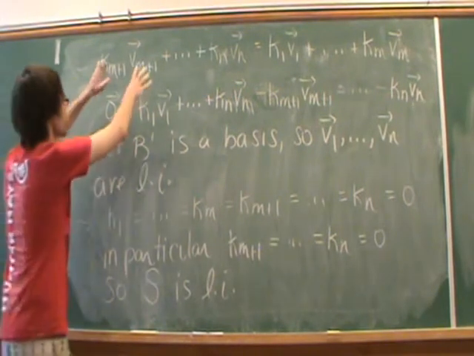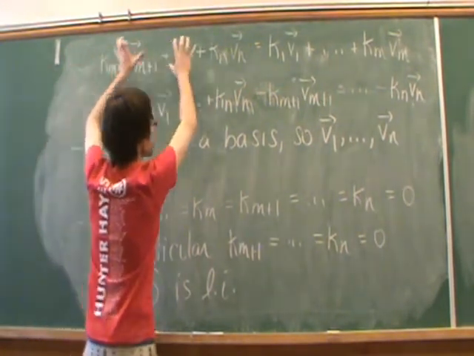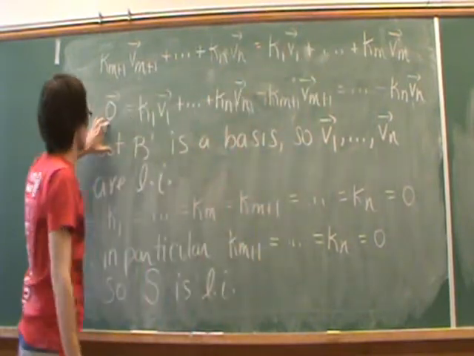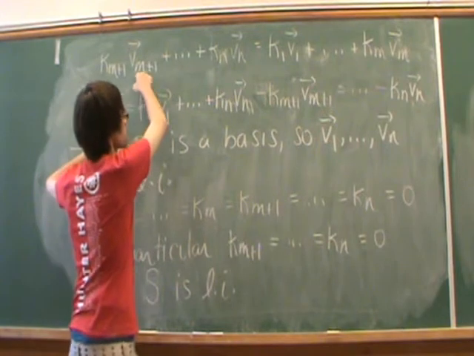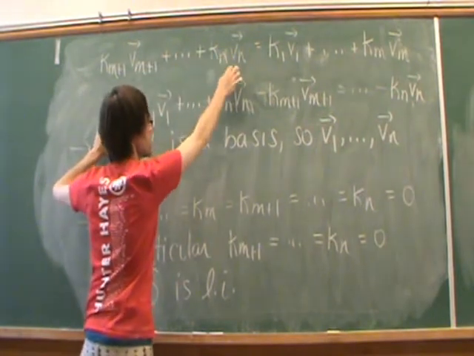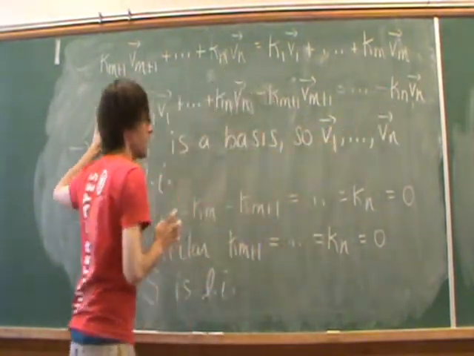And we're going to move all of these vectors over to the right-hand side so that we get the 0 vector on the left-hand side. All I've done here is subtract this one and subtract all of them all the way up to k_n v_n.